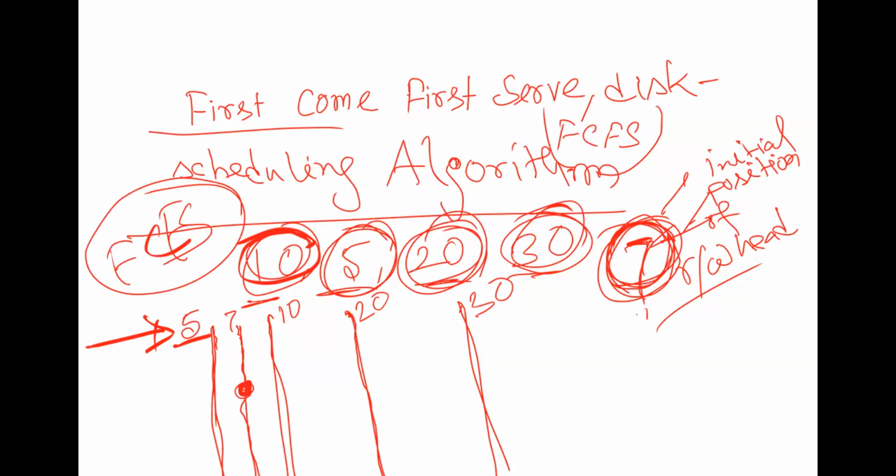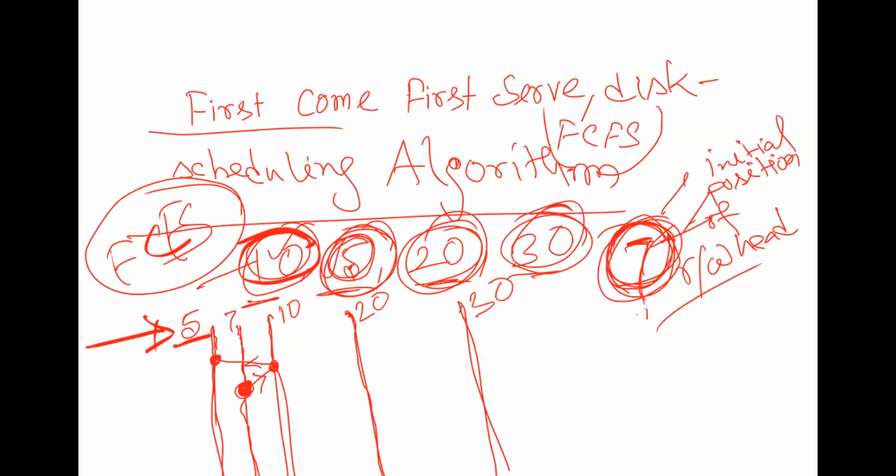The position of the read-write head is track number 7, so you mark 7 here, and then you read the request to read the data from 10. So you draw a line from 7 to 10. You can also make an arrow to show the direction. Then you get a request from 5, so you need to go from 10 to 5 to read the data.